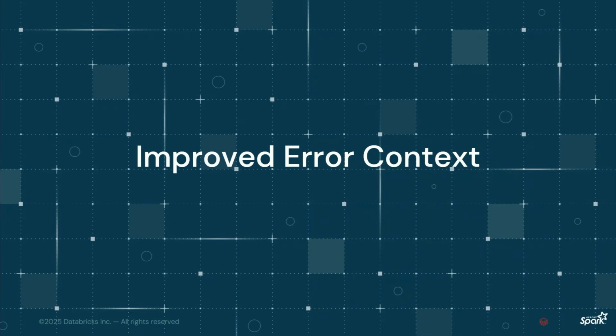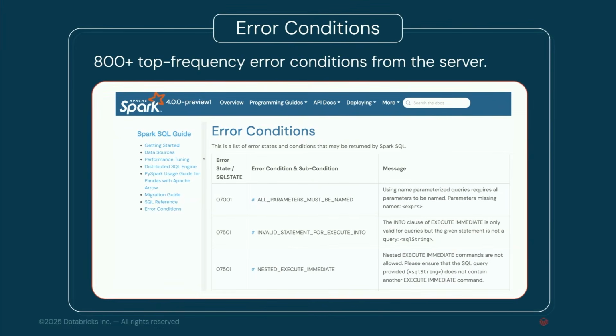Cool, okay. The next thing for debuggability is error conditions and error contexts. If your program fails or something happens, a big feedback from folks using Spark was that the error messages got a little confusing. There wasn't a lot of consistency among different types of exceptions, and some of them were pretty vague.